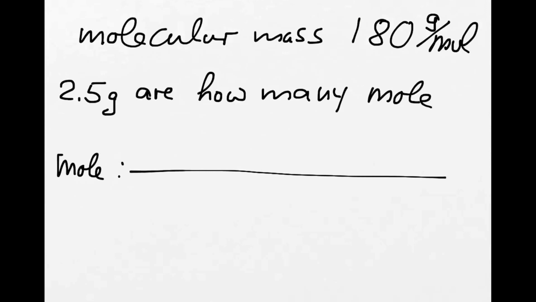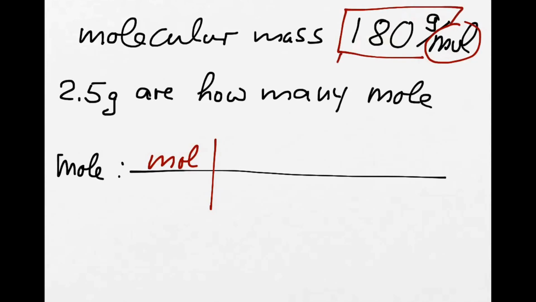Of course, we have mole up here. So gram per mole. But the problem is we have mole below the line here. Well, doesn't matter, because what we do is we just write it in such a way that this mole is on top and the rest, this part here, goes underneath.